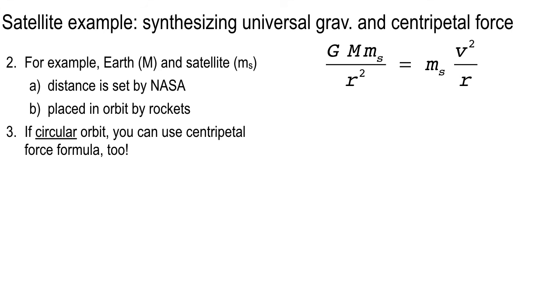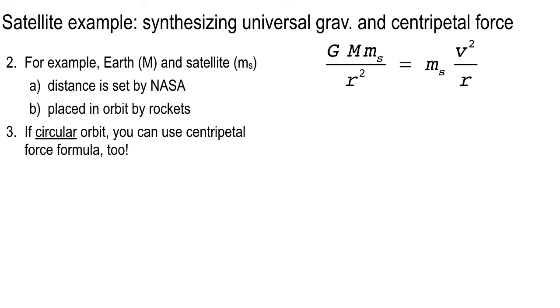On the left, G M M subscript S over R squared. That's the F of F equals ma, and it's a gravitational force. So that's the interaction force between the spacecraft and the Earth itself.